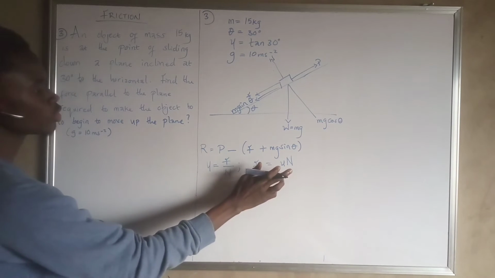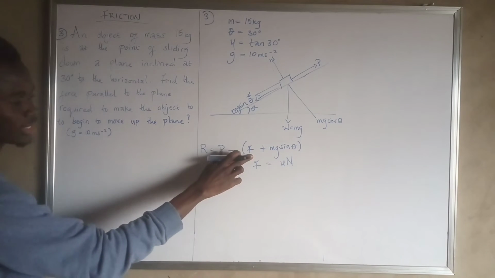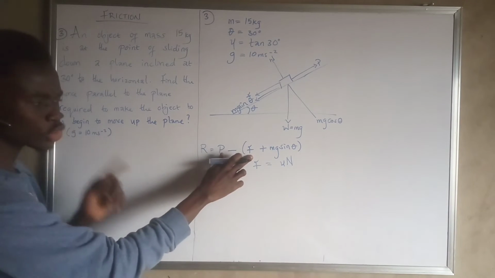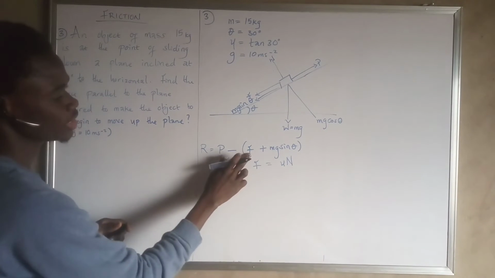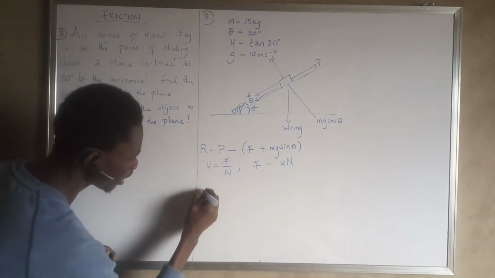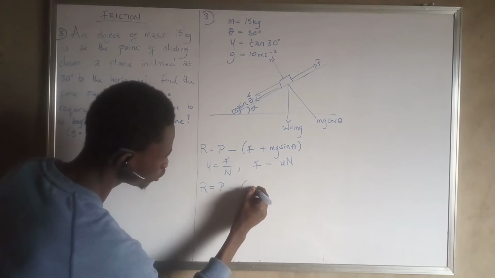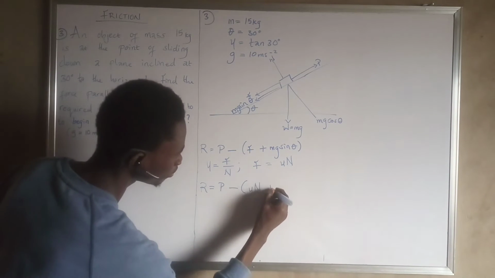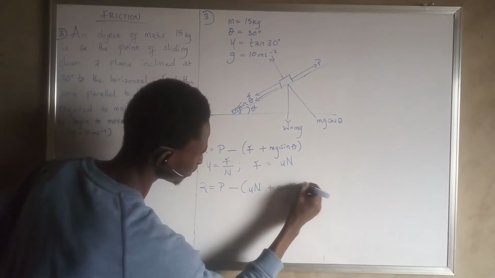Substitute U times normal reaction for F in this place. So we say R is equal to P minus U times normal reaction plus mg sine theta.